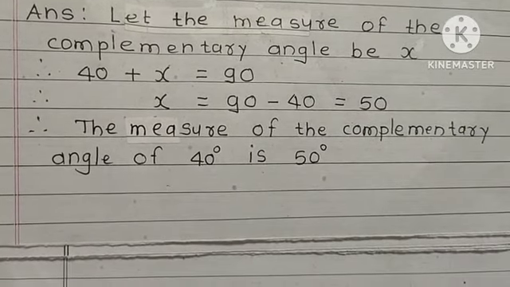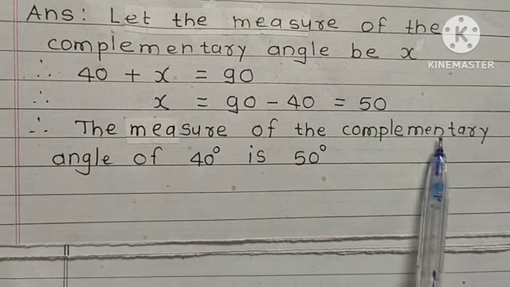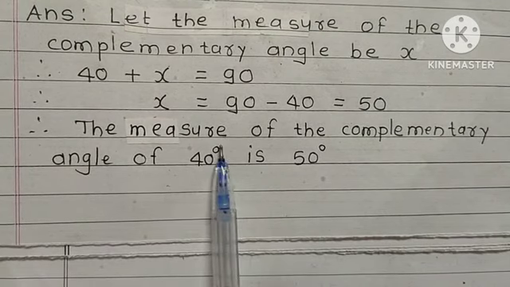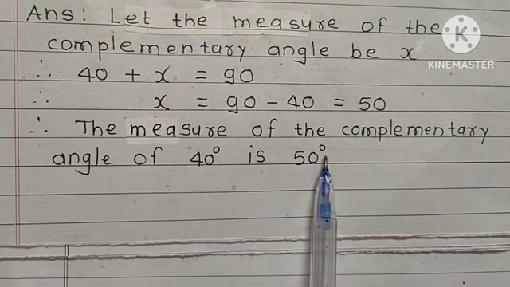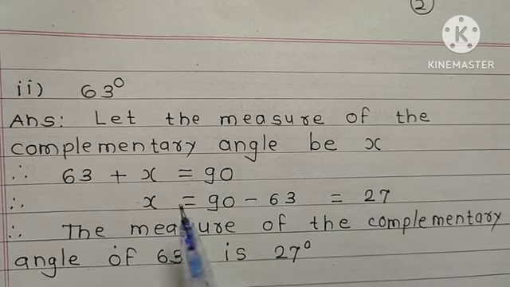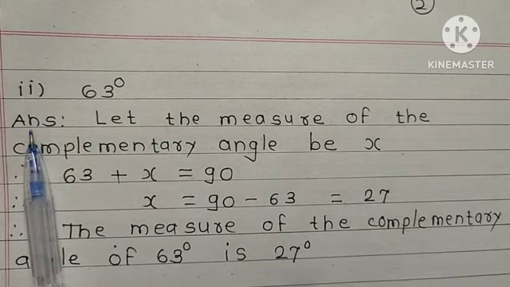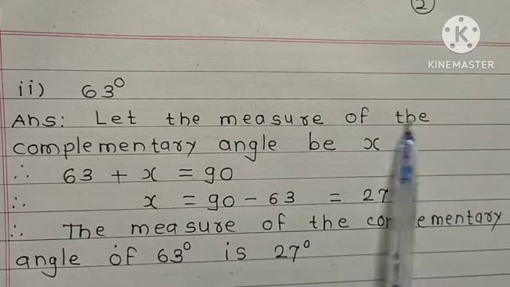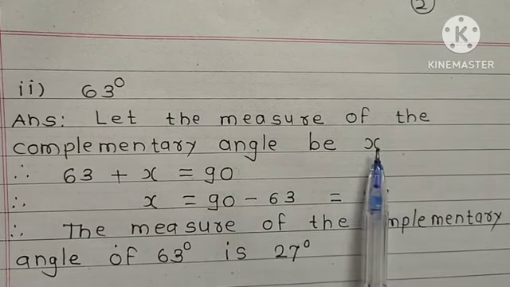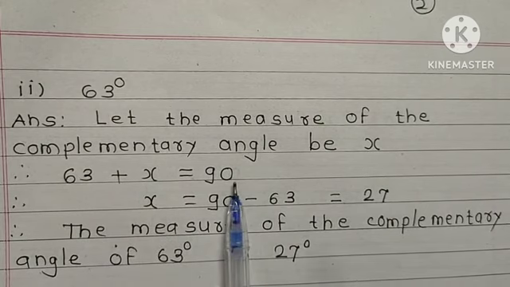So you write the answer. Therefore, the measure of the complementary angle of 40 degree is 50 degree. Now friends, in this way, we can solve the remaining angles. Second example, answer, let the measure of the complementary angle be x. 63 plus x is equal to 90 degree.